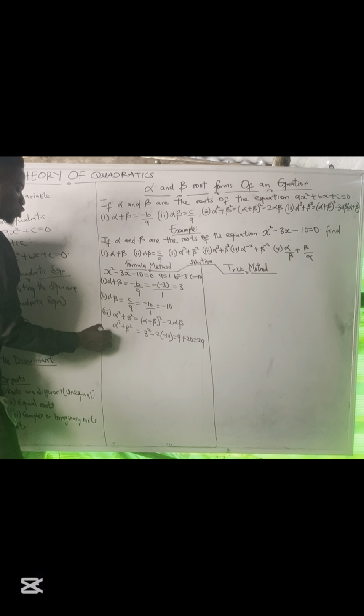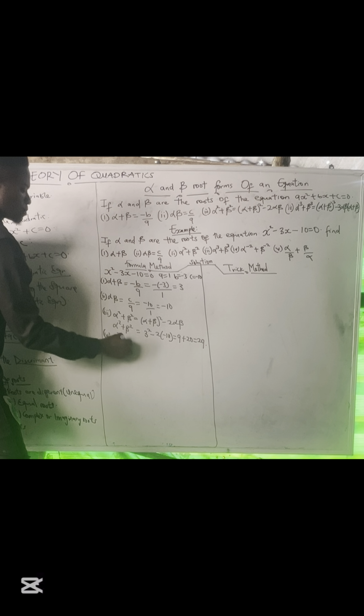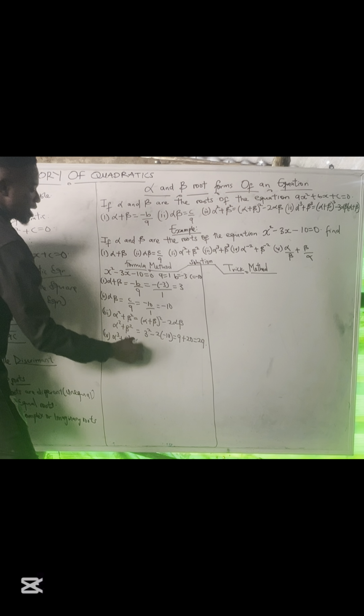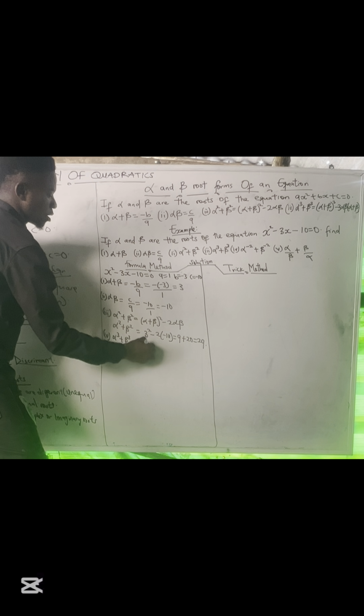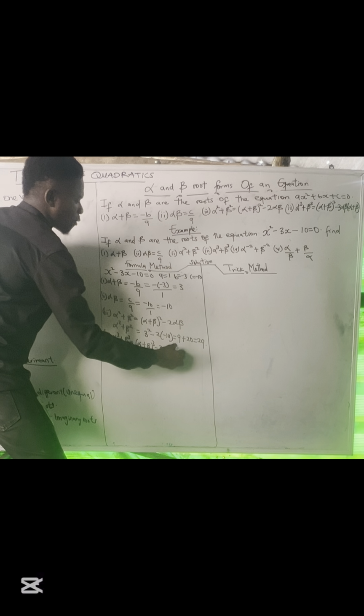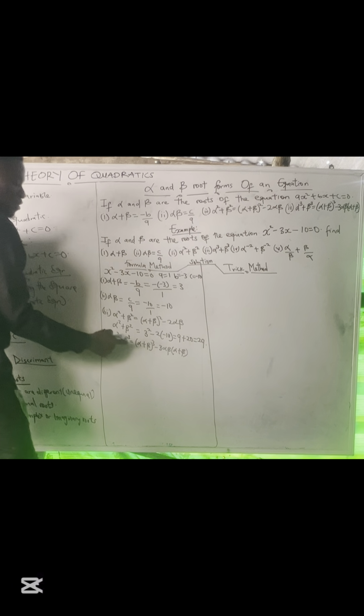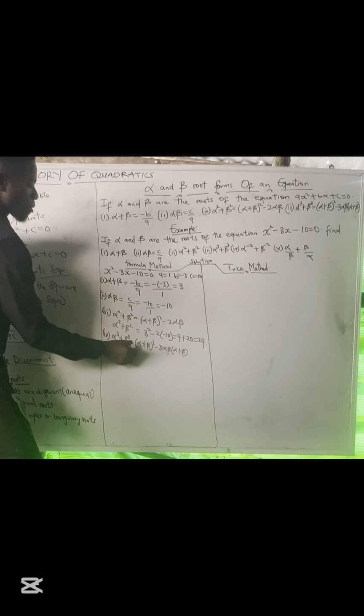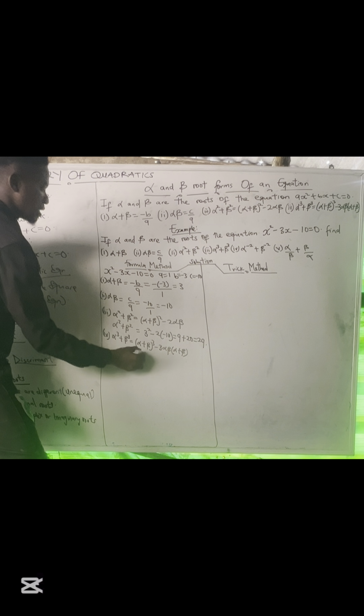The next thing we are going to do is look for alpha cube plus beta cube. If you also remember the formula, which is alpha plus beta all cube minus 3 alpha beta times alpha plus beta. So you must remember the formula before you can do this. Our alpha plus beta is 3, so 3 cube minus 3 times our alpha beta, that is minus 10, times our alpha plus beta, that is 3.